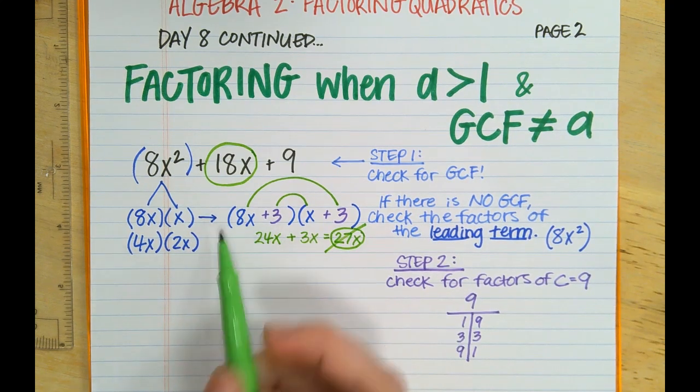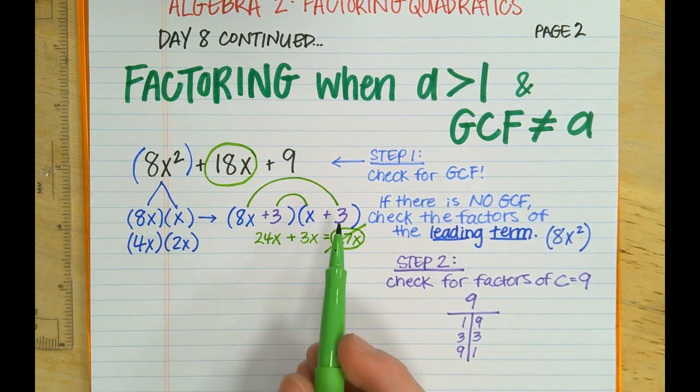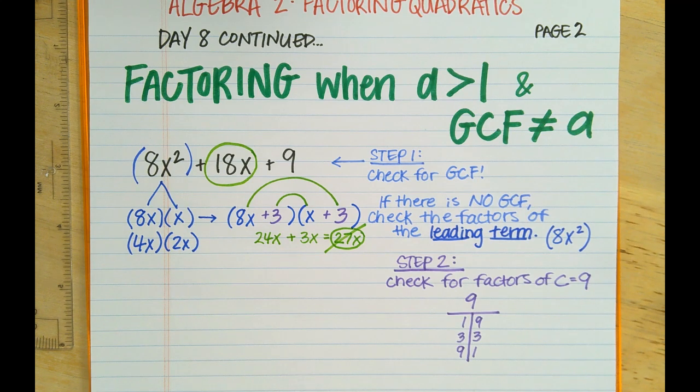So this is not our answer. If we don't get our answer on the first try, what does that mean we need to do next? We just need to continue. We need to keep trying.